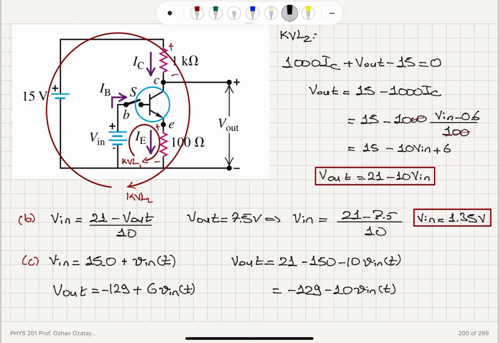So this tells me that the value that I'm after, G, must be equal to minus 10. Basically, I have used this relationship between V out and V in and found that the gain factor should be minus 10.